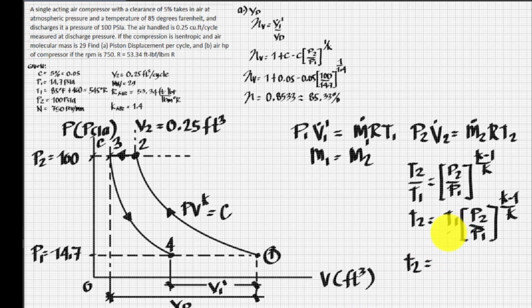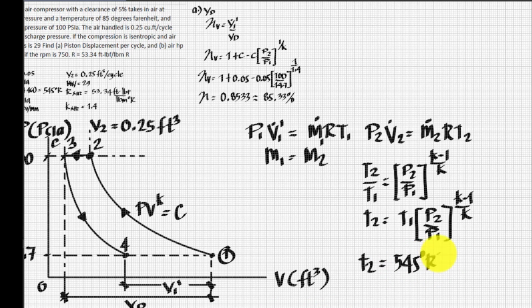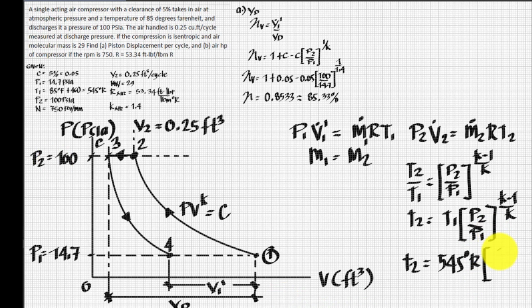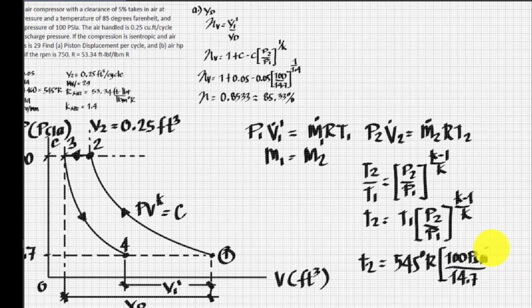Initially my T sub 1 given in the problem is 545 degrees Rankine, and this is multiplied by the ratio of pressure 2, which is 100 psi, over my pressure 1, which is 14.7, raised to the exponent K minus 1 over K, which is 1.4 minus 1 divided by 1.4.